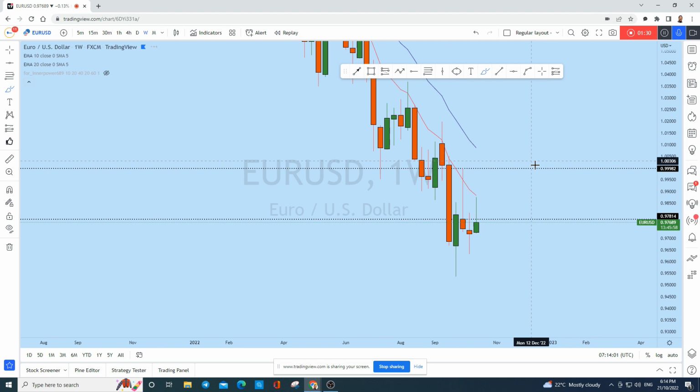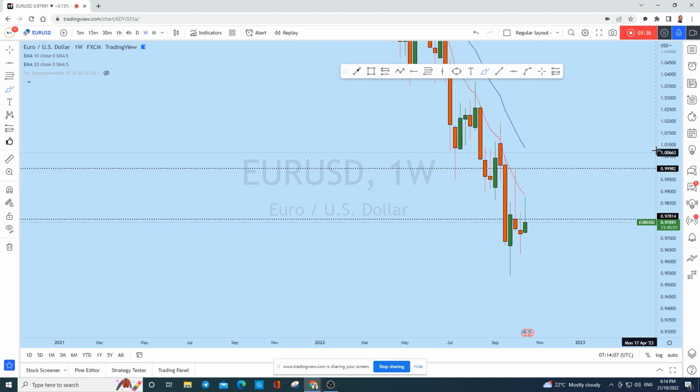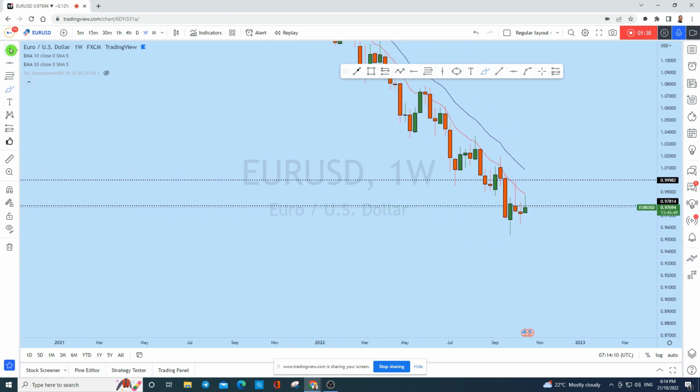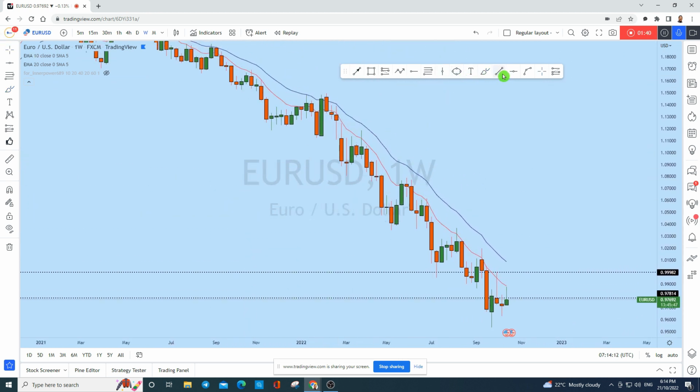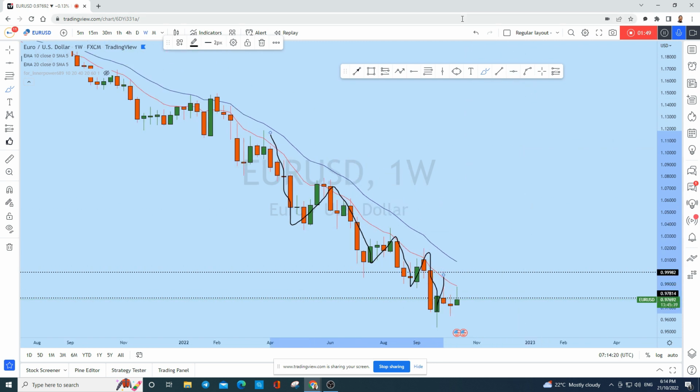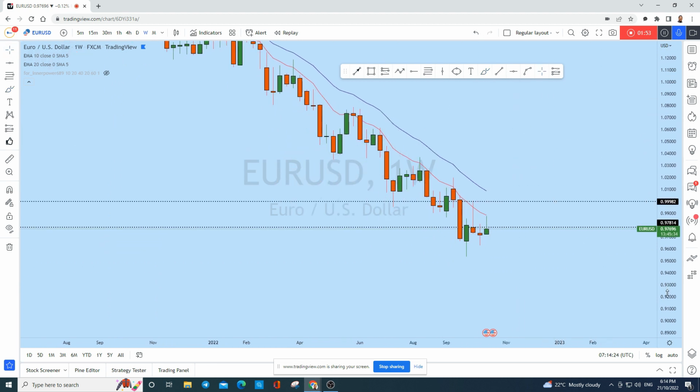Now let's look at the weekly time frame to see what kind of price action we have. On the weekly perspective, overall this is a nice looking bearish price action. You can see that every week it's an impulse and a correction. So the price was creating a nice looking series of lower highs and lower lows, which is a typical downtrending market.